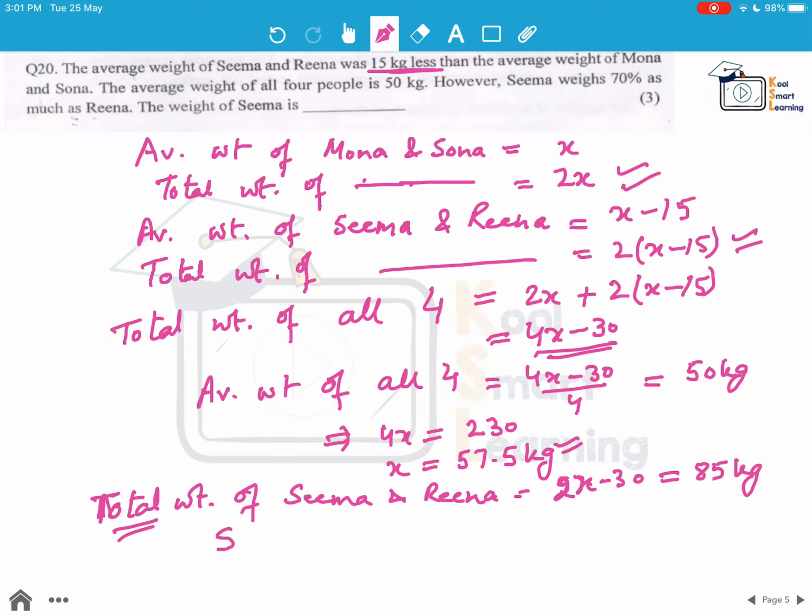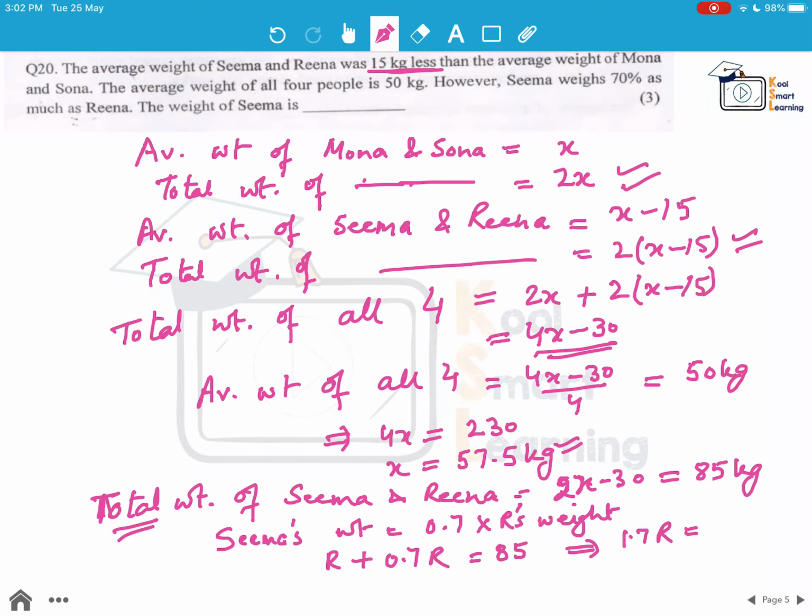Right? Now Seema's weight is 0.7 times Reema's weight. So this means Reema's weight plus 0.7 times Reema's weight is equal to 85 kg. This implies 1.7 R is equal to 85, where R is Reema's weight. And this implies R is equal to 50 kg.